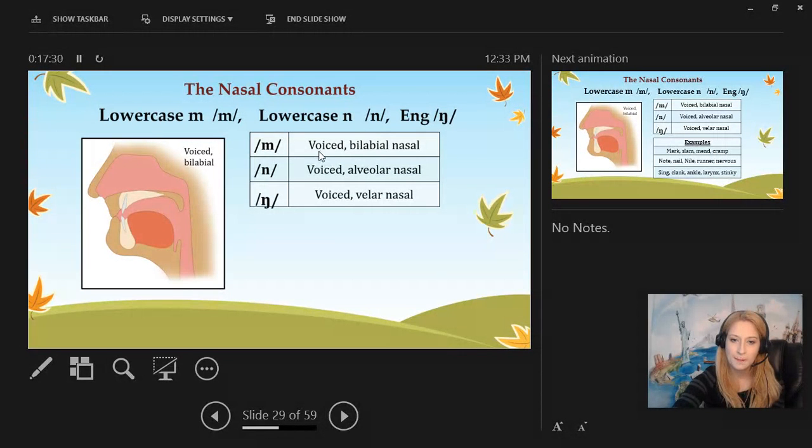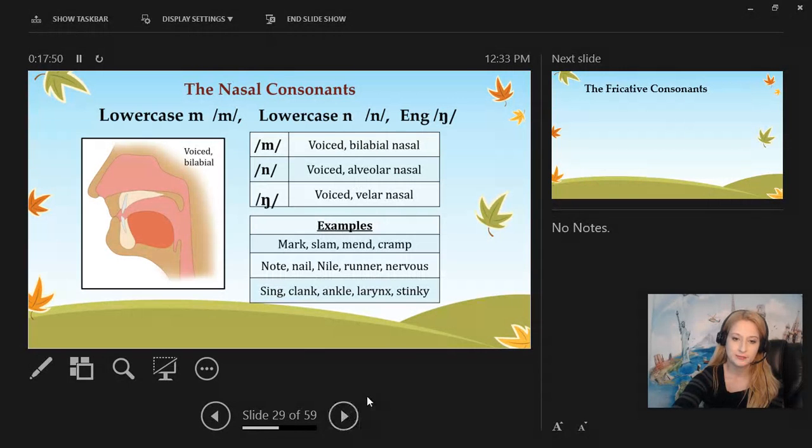The m is voiced, it's bilabial. The n is voiced, but it's alveolar in its place of articulation. And the ang is voiced and velar. Okay, and these are our three nasal consonants.